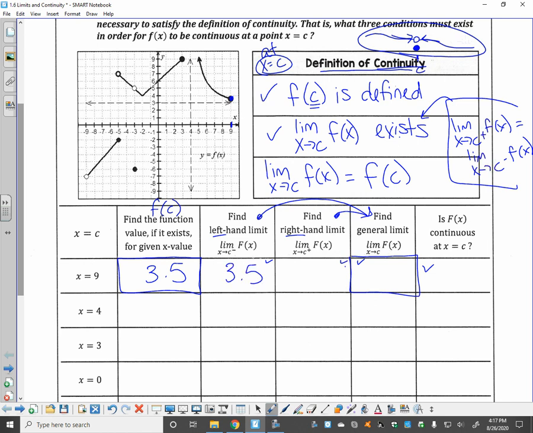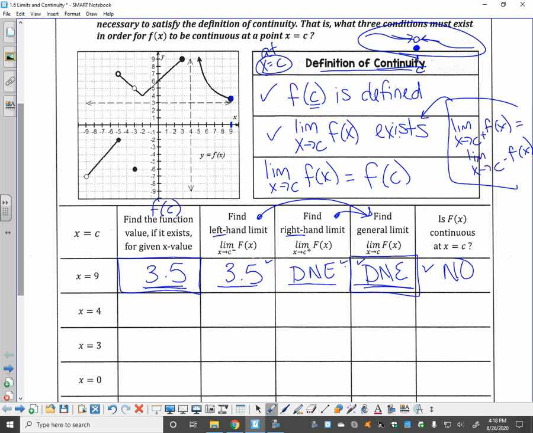Right-hand limit, well, it doesn't exist on the right-hand side. I can't fly in from the right-hand side. Does not exist. Since the left-hand limit does not equal the right-hand limit, the overall limit does not exist. And this 3.5 and the overall limit don't equal each other, so is it continuous? No.